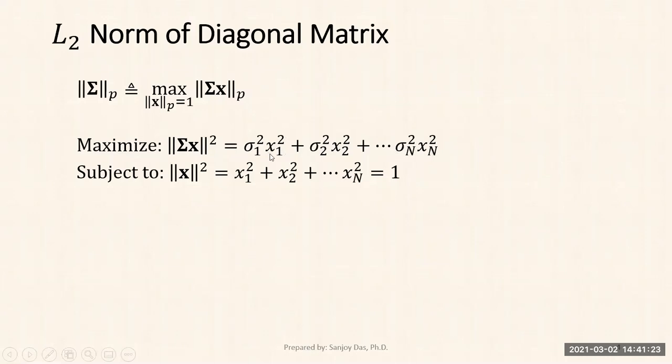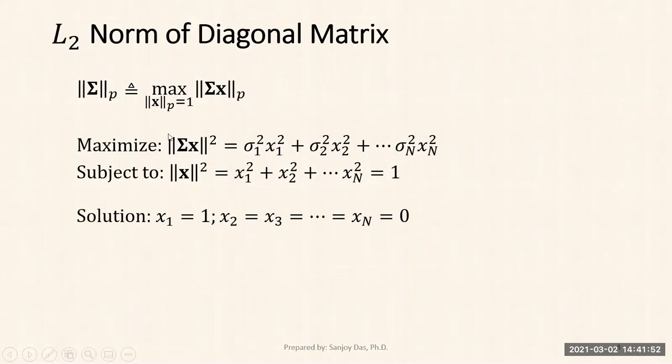And if I make this x1 equal to 1 and all the others 0, then I'll be maximizing this L2 norm of sigma x squared, correct? So this is my solution. Whence, what's the value of this? I just replace these values, x1 equals 1 and x2 through xn equal 0, here.